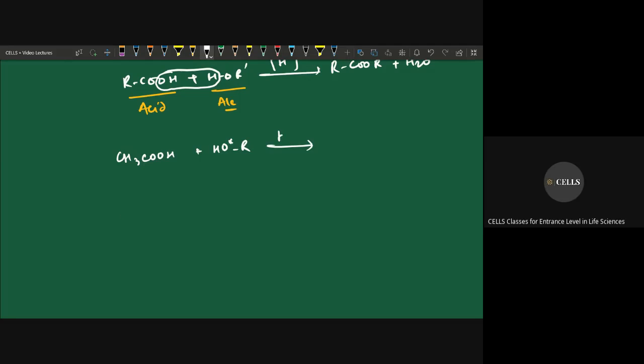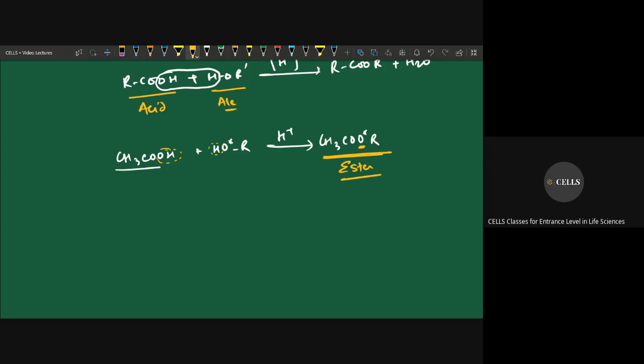Under mineral acid, you get CH3CO O star R. From this, it was concluded that this OH was released from the acid, and this H was released from the alcohol. That's why O star is in the ester. If only H plus was released from the acid, you would not have the radioactive oxygen in the ester. So these are the simple things.